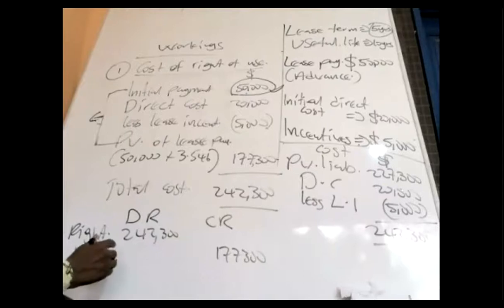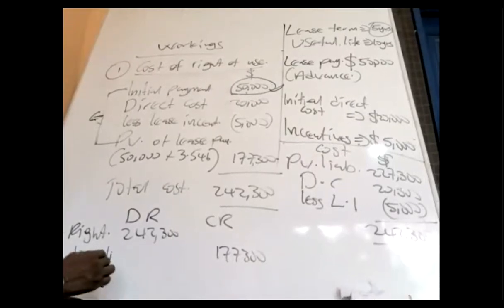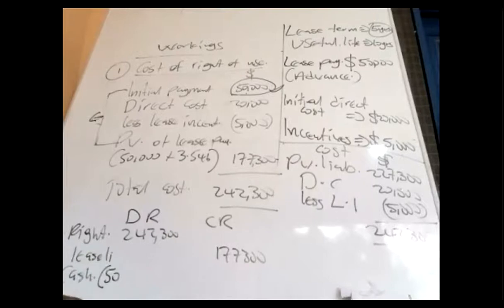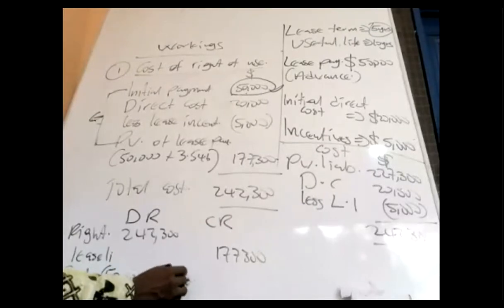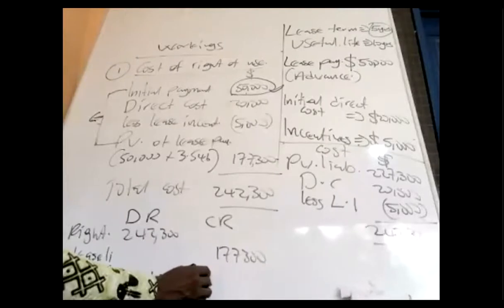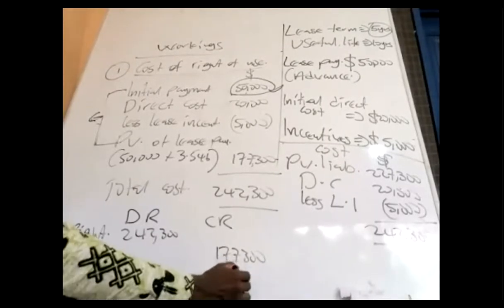Then what about the cash, the amount paid? Exactly. So the amount paid, let's call it cash. It happened to be, open a bracket, you paid 50,000, you paid another direct cost of 20,000, but they gave you an incentive of 5,000. At the end of the day, you paid 65,000.